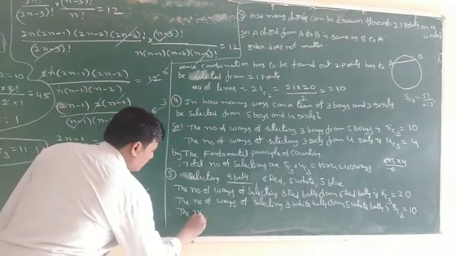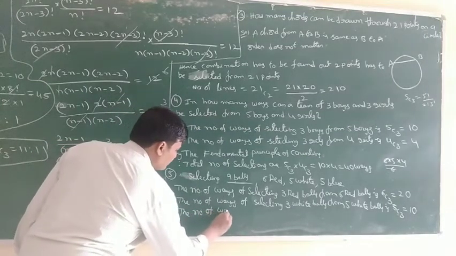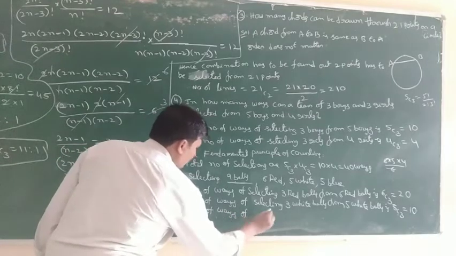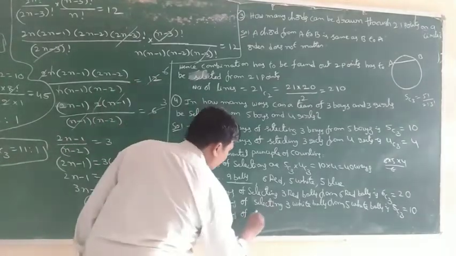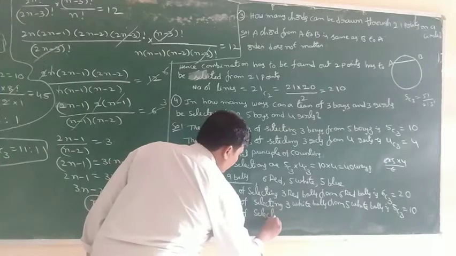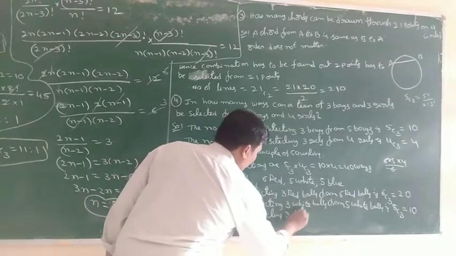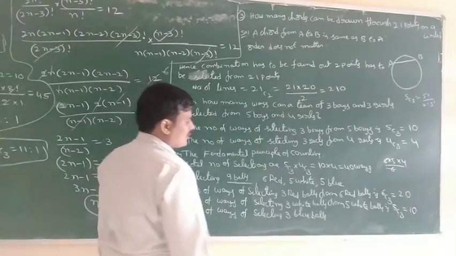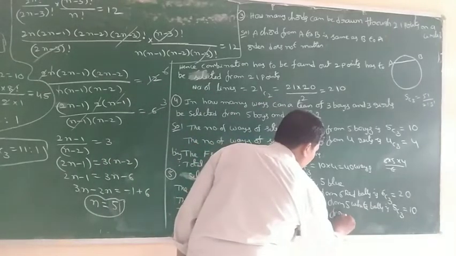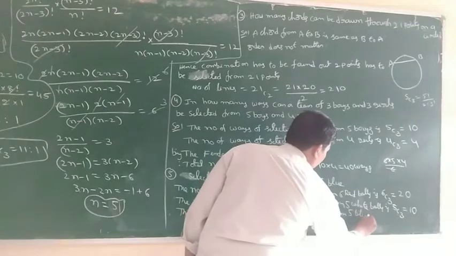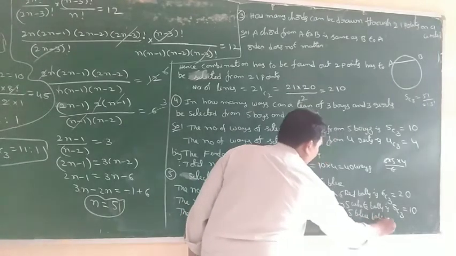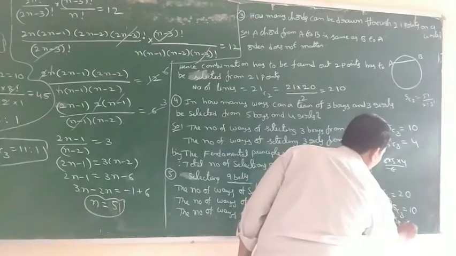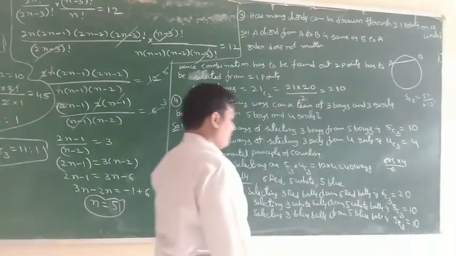Next color. The number of ways of selecting 3 blue balls from 5 blue balls is 5C3, which is also 10.